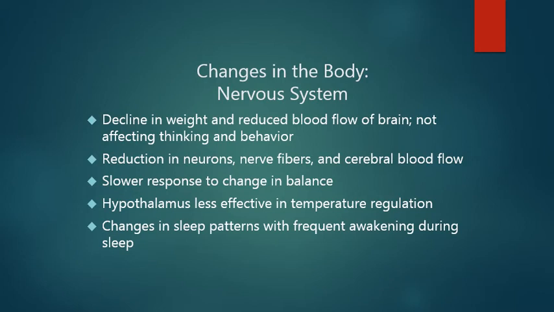The hypothalamus is less effective in temperature regulation, so heat and cold, they can't withstand the cold as they used to. They can't withstand the heat, and they are so attuned to being out in the environment that they may not be as aware of these heightened temperatures and the need to prepare for them.